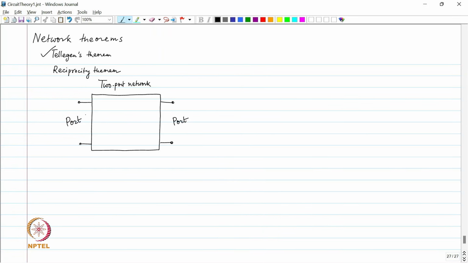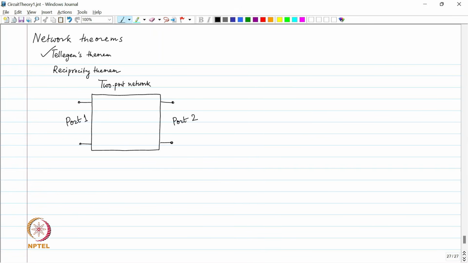We are going to label the two ports as port 1 and port 2. It is just like a country with two ports, one at Bombay, the other at Madras, something like that.